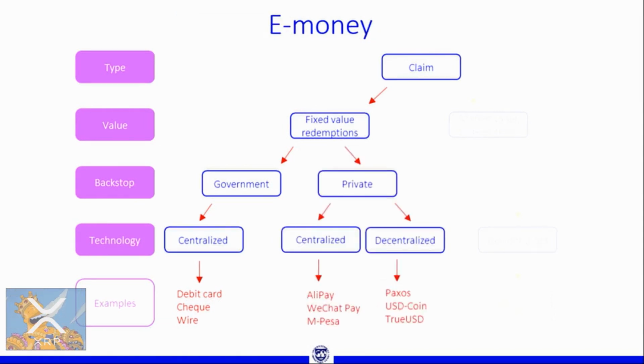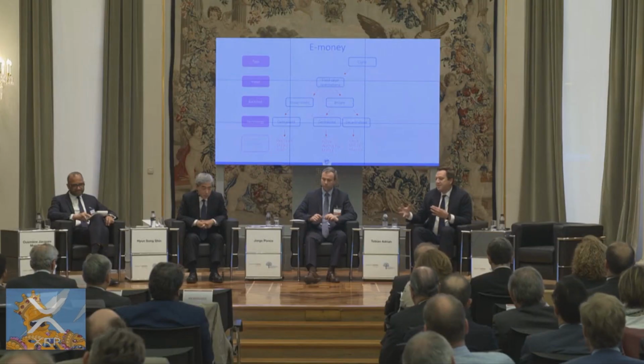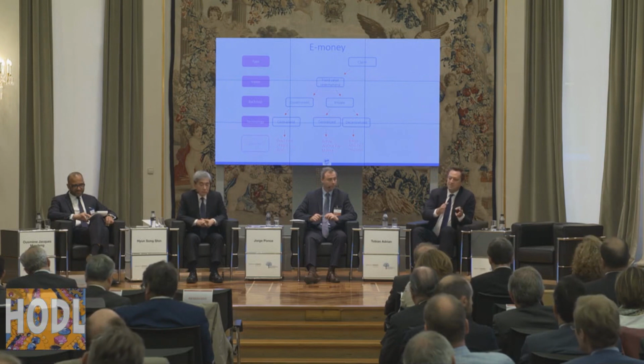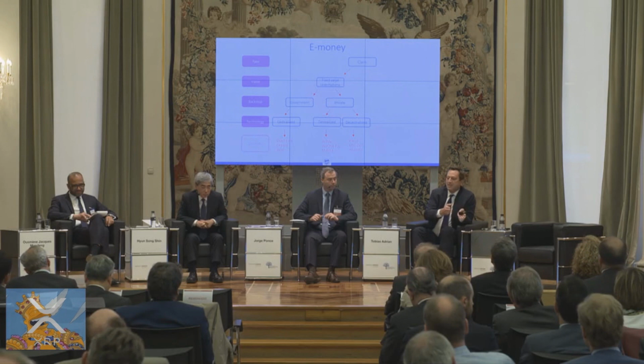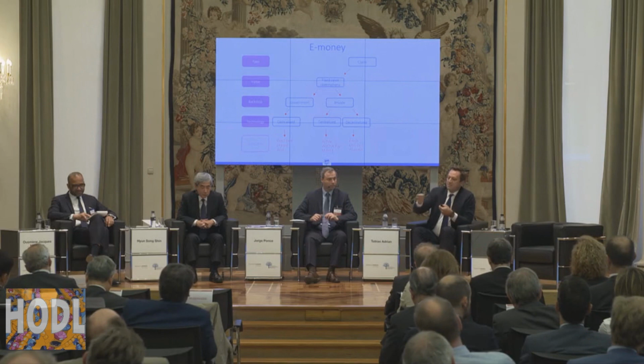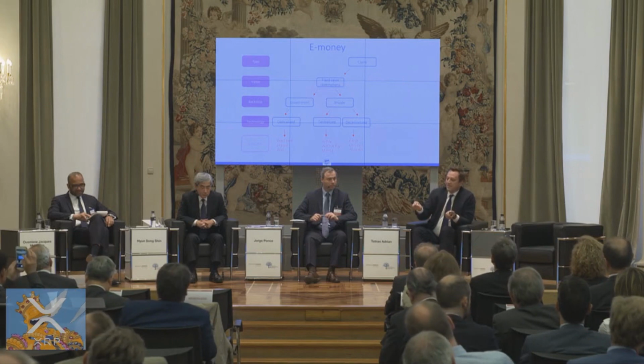New forms of cash and digital cash typically don't have the government backstop. Many of the currencies that I showed you in the former slide have a fixed value, but they have a private backstop. This is what Hyun was referring to when he started off talking about stable coins. And then there's a distinction between centralized and decentralized systems. Centralized systems are things like Alipay in China, where you have an account-based system, and WeChat Pay, and M-Pesa in Kenya is like that.